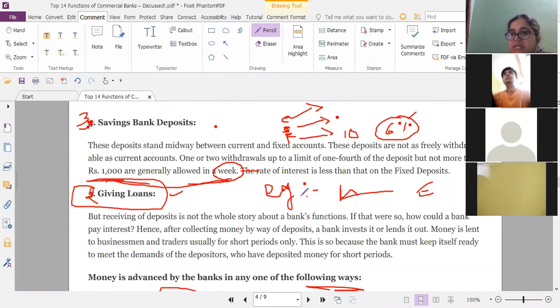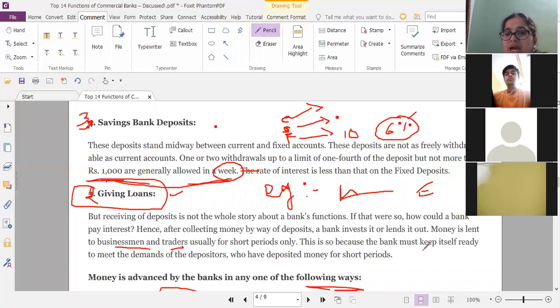Either it will invest in government securities, or it will lend it out to people, or sometimes also to other banks. Money is lent to businessmen and traders, usually for short periods only.